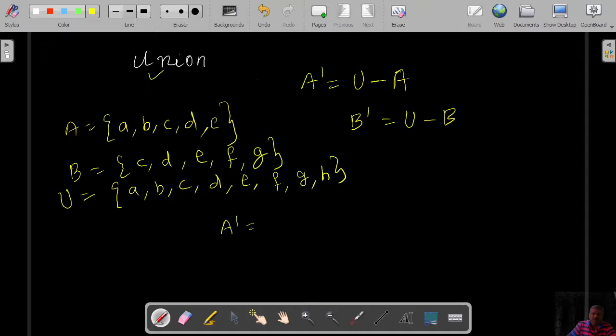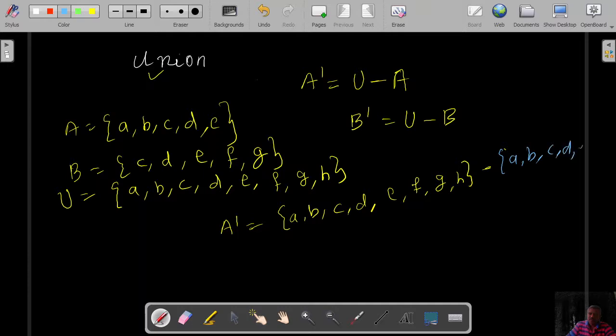A dash is U minus A. So that is A, B, C, D, E, F, G, H minus A, which of course we can write as A, B, C, D, E. Here you can clearly see that A, B, C, D, E are the common elements.